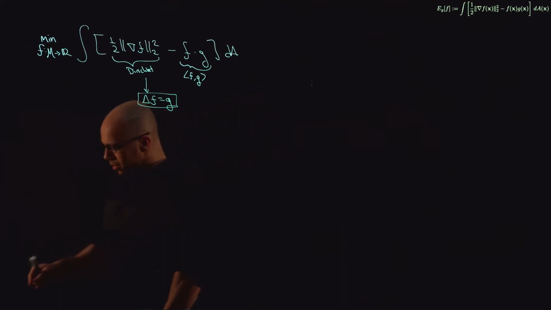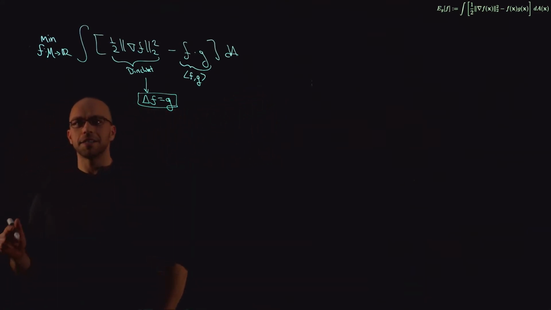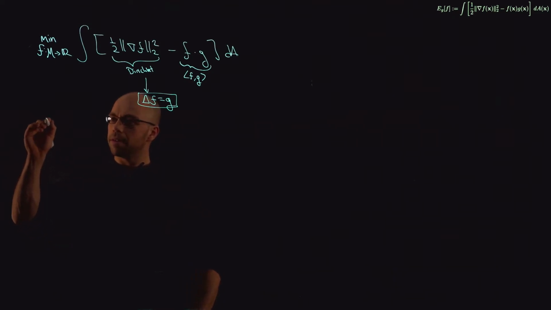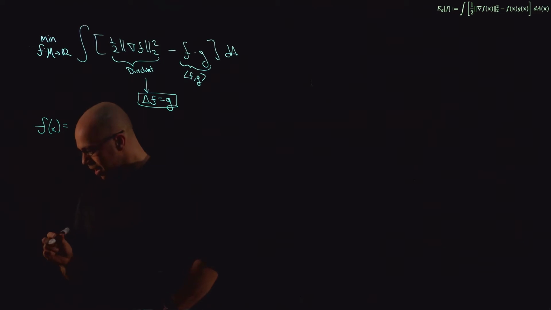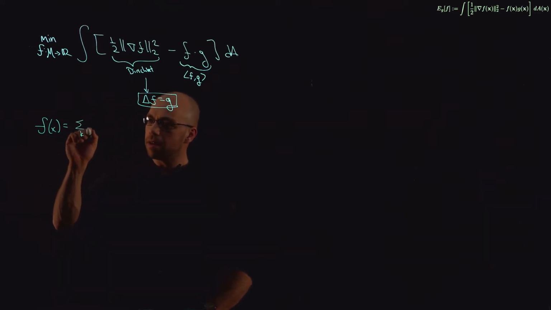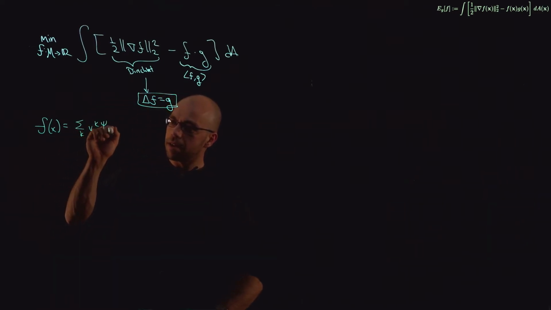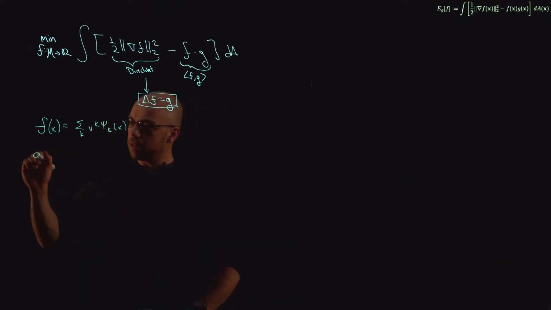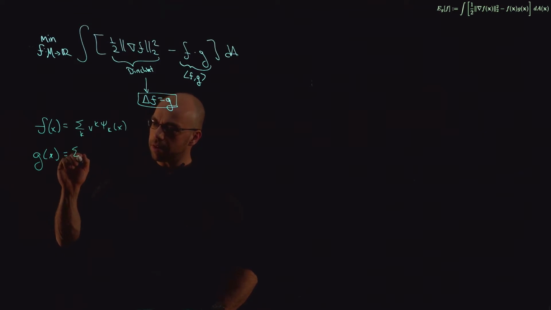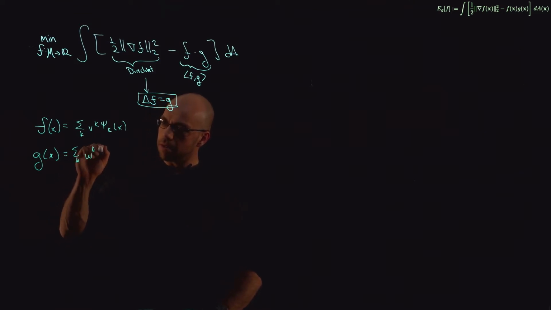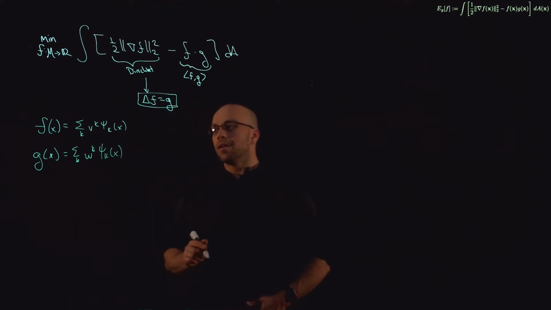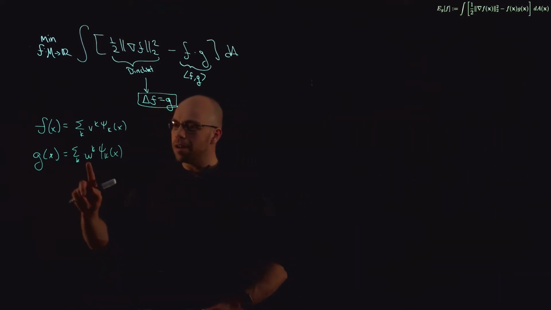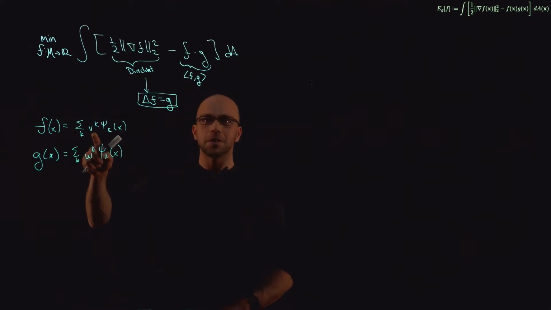But one thing that we can do is, just like we did on the board a minute ago, we can write f of x in a basis, right? So maybe we write f as the sum over k of v_k psi_k of x. And similarly for g, so g of x equals the sum over k of w_k psi_k of x. So again, our input data is w, and we want our output to be v.